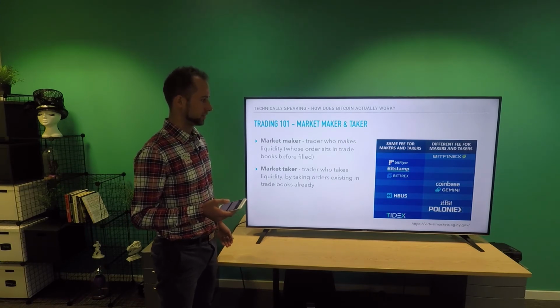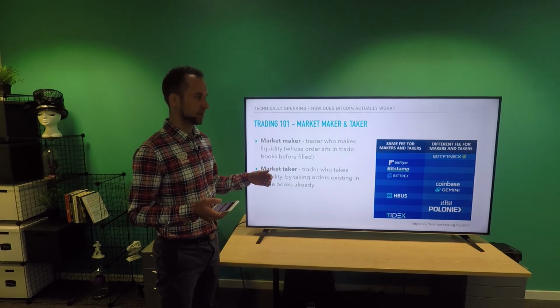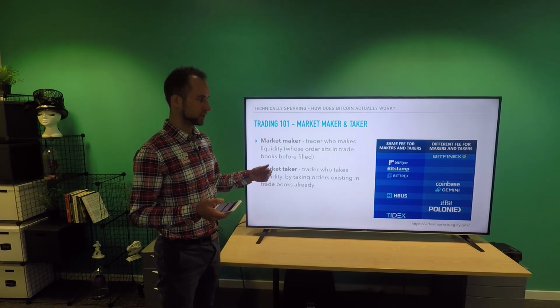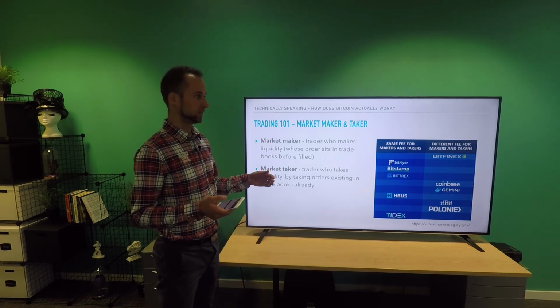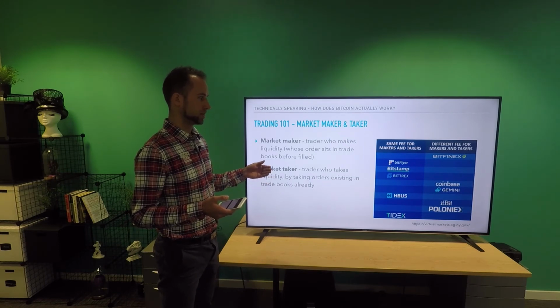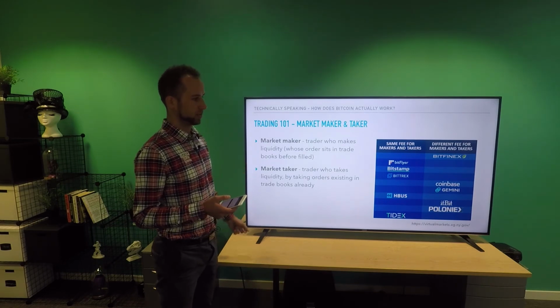And many platforms have a fee scheme, a commission fee scheme, which provides different commission fees depending on whether you are a maker or taker. So typically, makers pay less commission fee, and takers pay more commission fee.